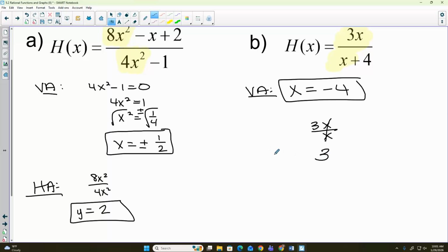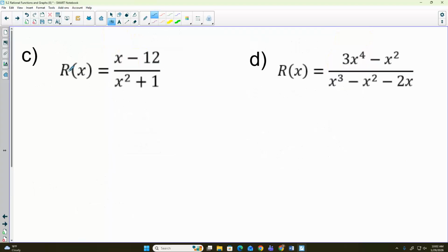So that's a number, so it's horizontal, y equals 3. Those x's cancel out, we just have a horizontal line. So far, so good? All right. Let's look at another one. How do we find vertical asymptotes?